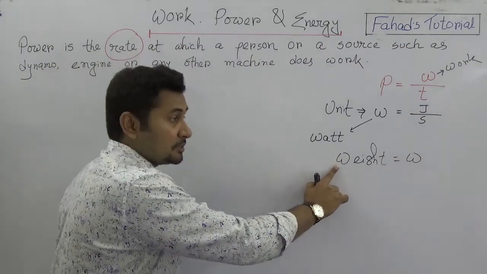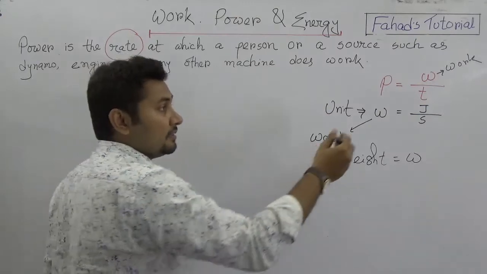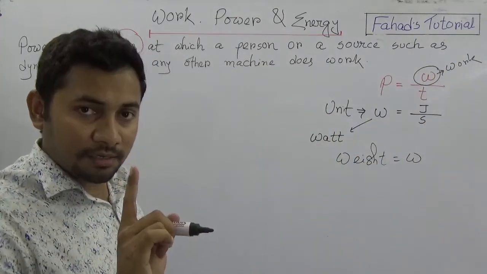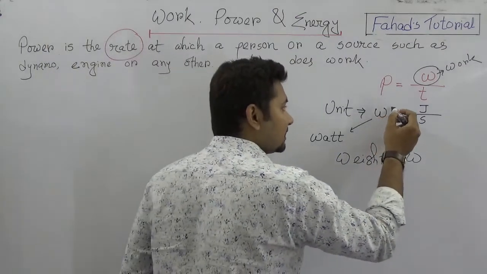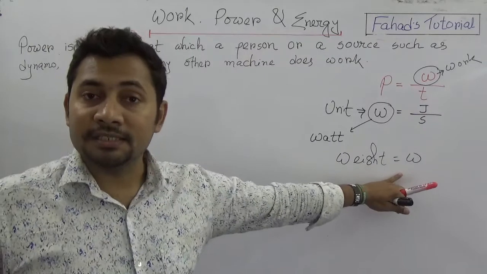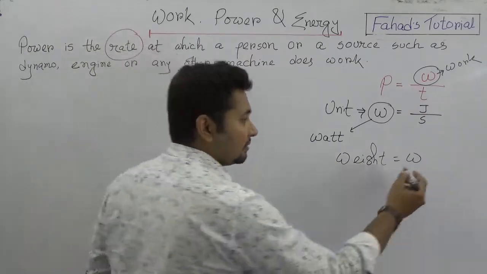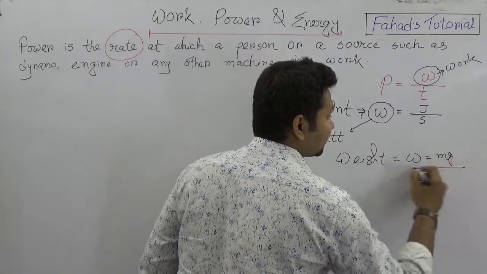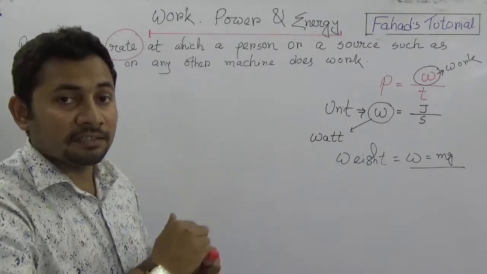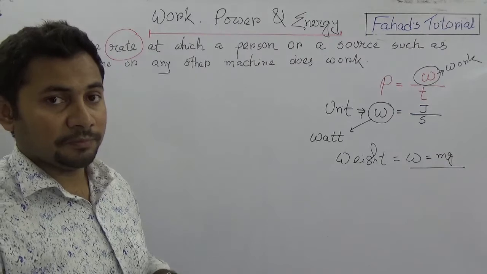But here, in this equation, W means work. In this equation, understanding units, W means watt. And then this is weight, that this W is about mg. So that is a different thing. I just explained the similarity between this alphabet W.